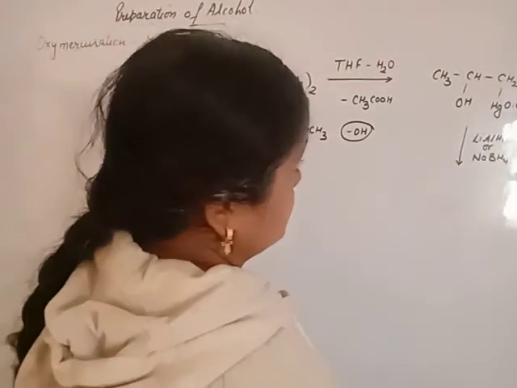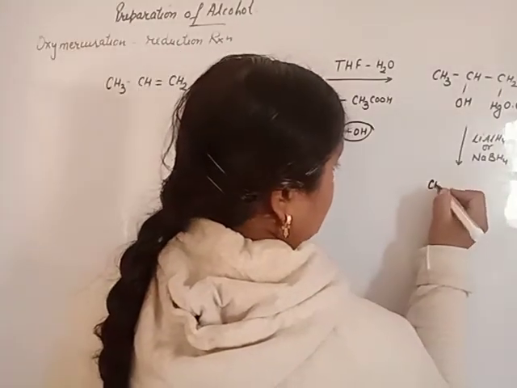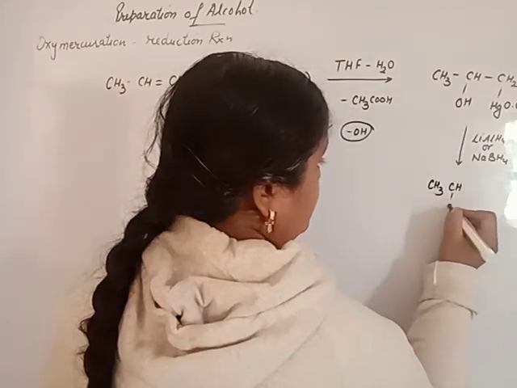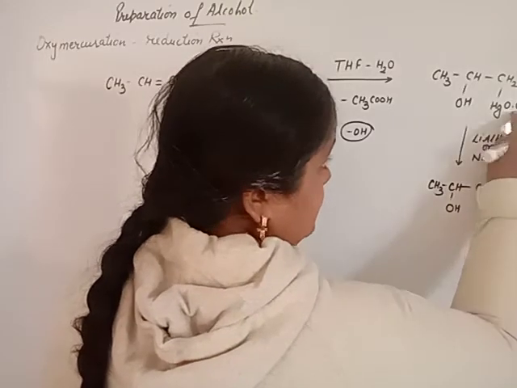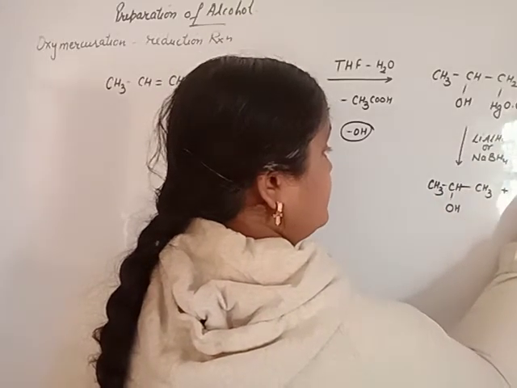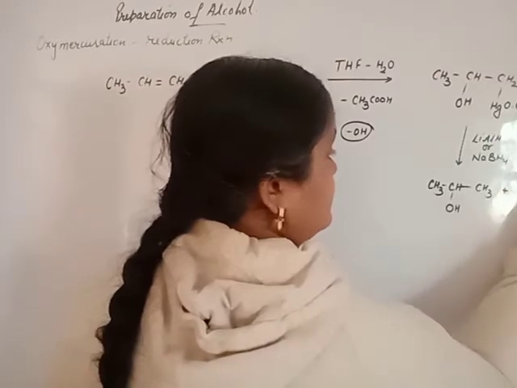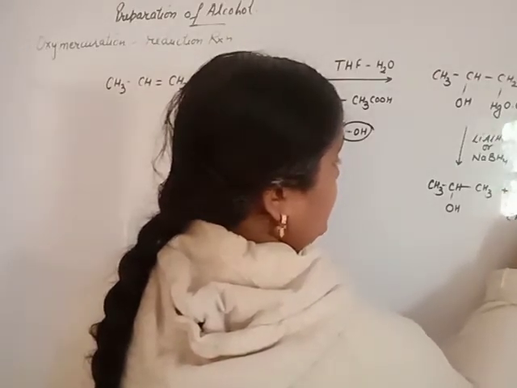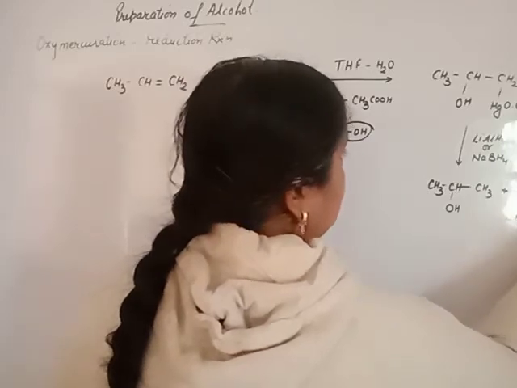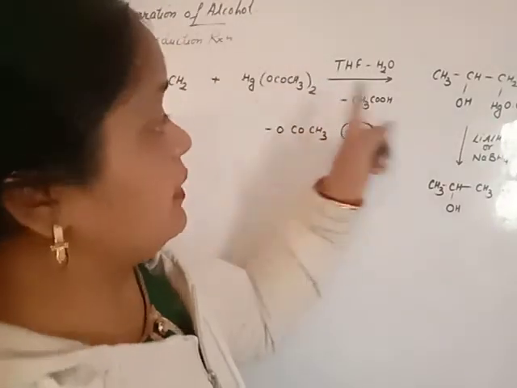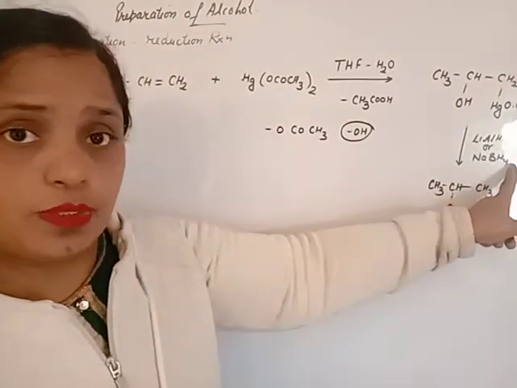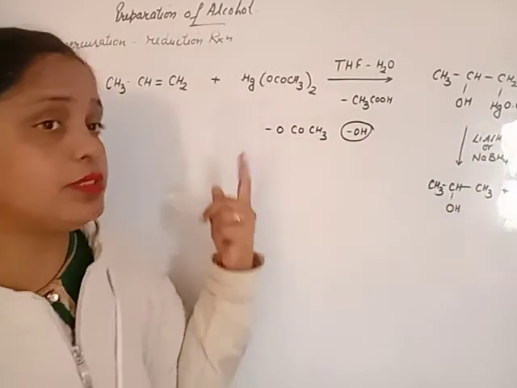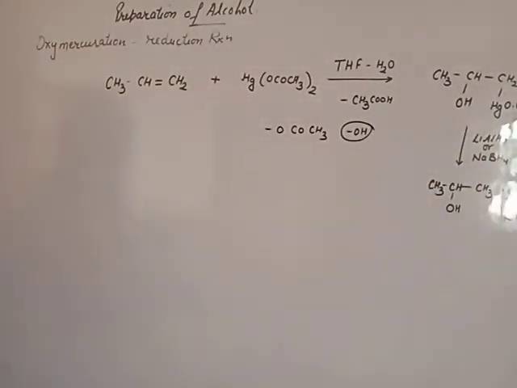We require 2, beta, we get alcohol, 1 H removed as acetic acid, or you can say CH3COOH, both are the same thing, plus mercury. Addition of mercury is mercuration, removal of mercury is demercuration, and you use a reducing agent for this, so you use the word reduction. It is the oxymercuration reduction reaction.